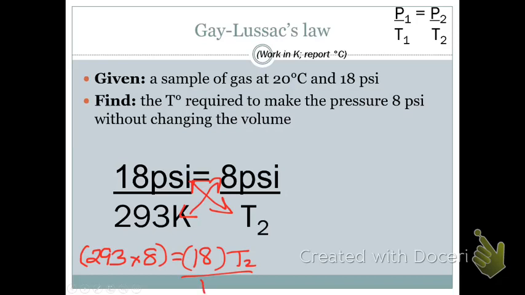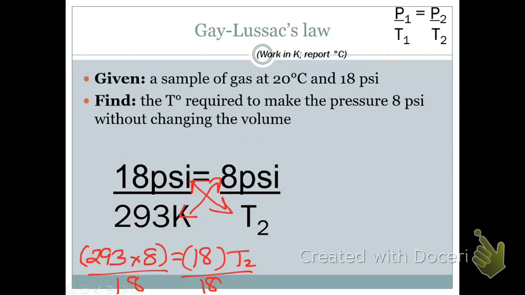I'm going to divide both sides by 18 to get rid of the 18. Open my parentheses, 293 times 8, close parentheses, divided by 18.